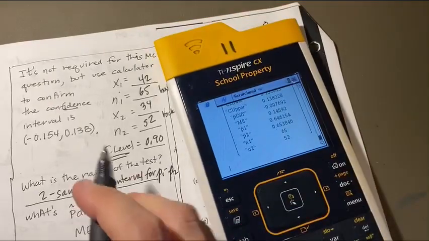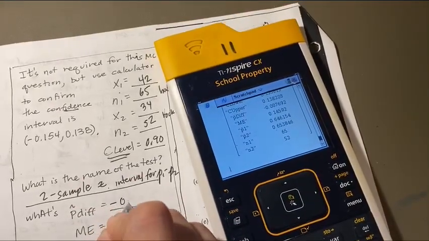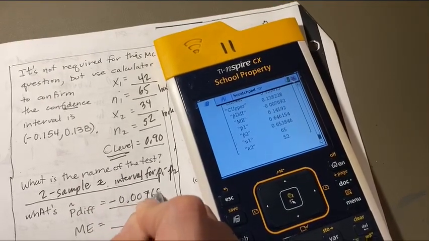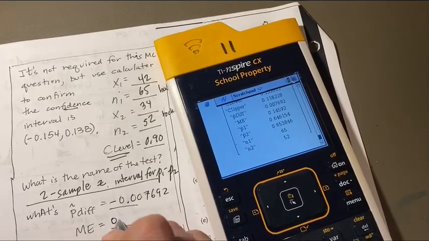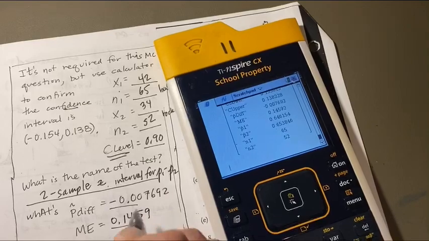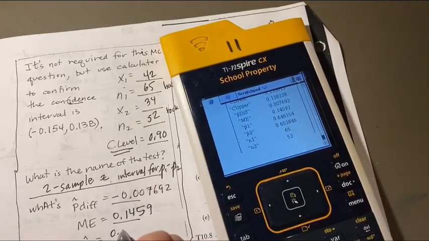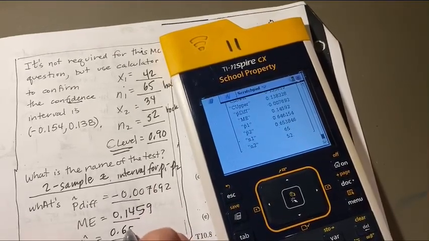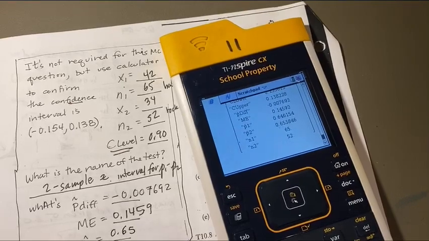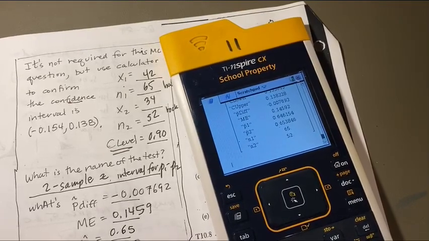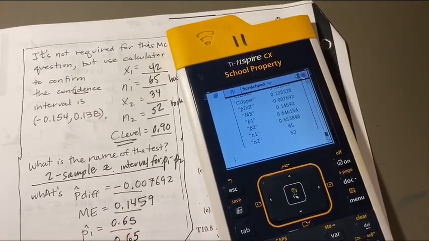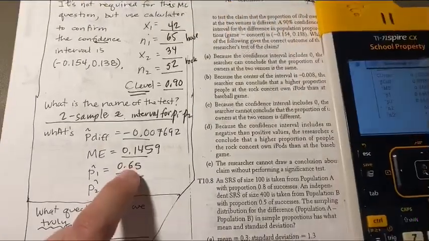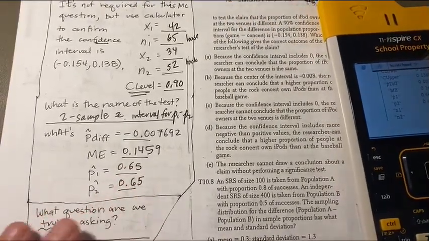My p difference, there was a slight difference, 0.0769. Margin of error, 0.1459. p1 hat was 64% at the baseball game, or round up to 65. And oopsies, guys, if I round, 65% at the rock concert and 65% at the baseball game.